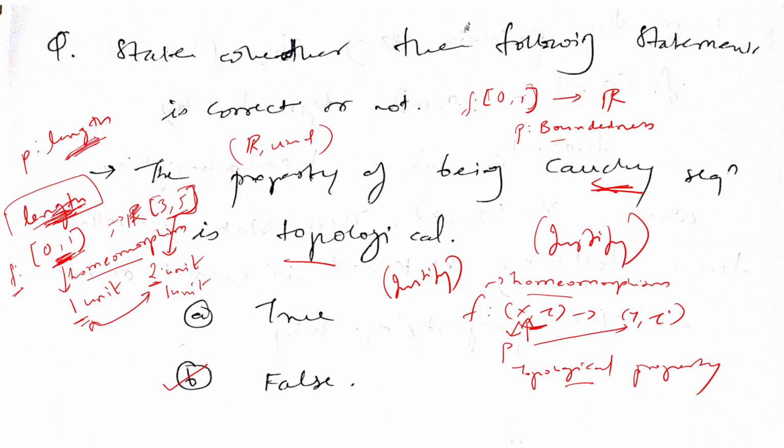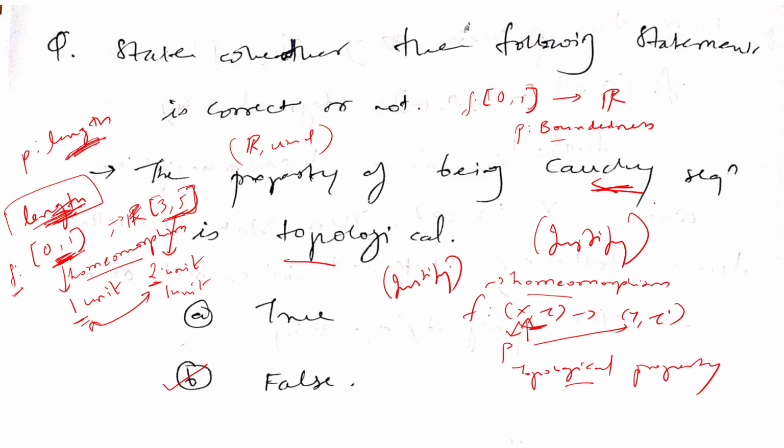Here the property is length. When you measure it, here it is 1 unit, but here it is 2 units. So this function is a homeomorphism, but the property of length, that is being of 1 unit, is not satisfied. Hence the length is not a topological property, right?